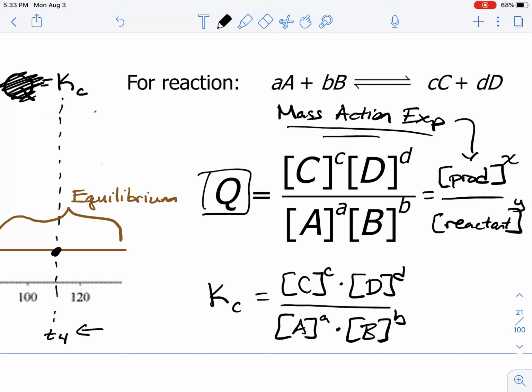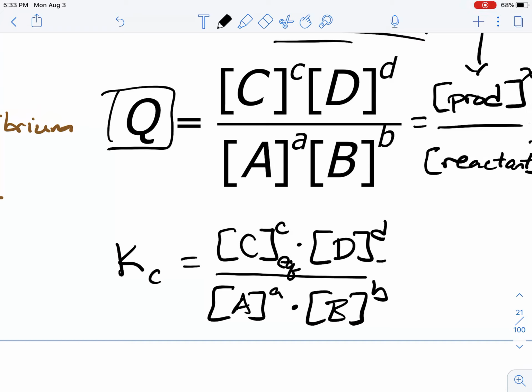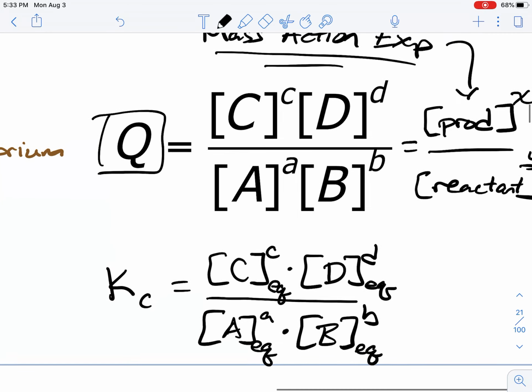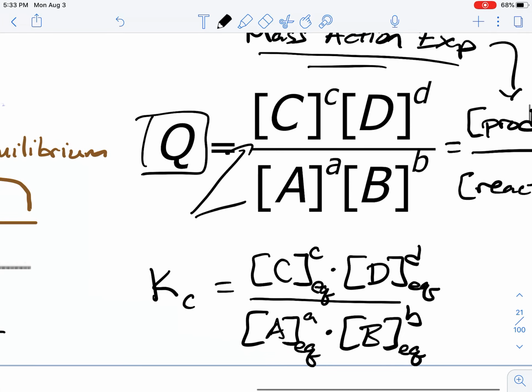The only difference is that for Kc, the concentrations of C, D, A, and B represent the equilibrium concentrations of those substances, whereas for Q, the concentrations of these substances are not at equilibrium.